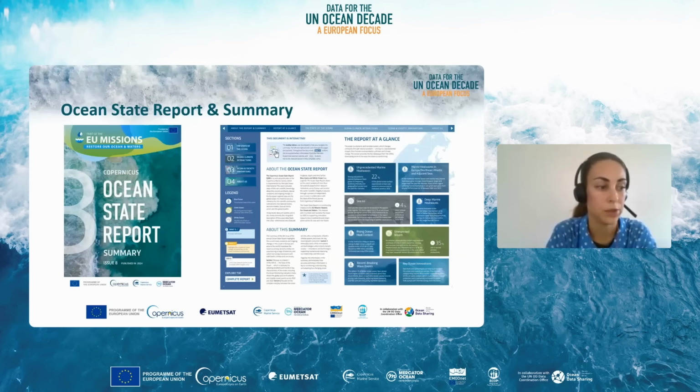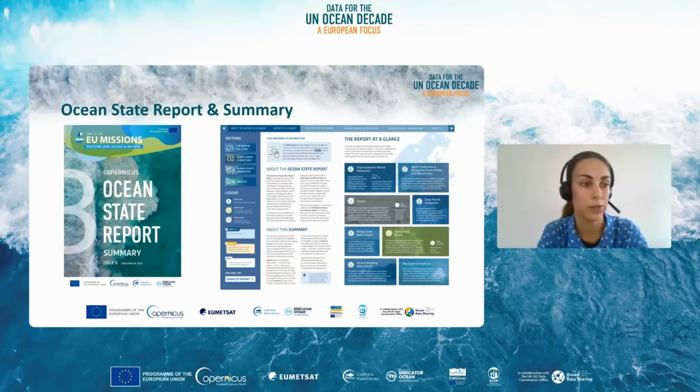A summary is also available for both the scientific community and the general public to help everyone understand the impacts of a changing ocean. This year's 8th Ocean State Report was published just a few days ago, and you can find it on the Copernicus Marine website.